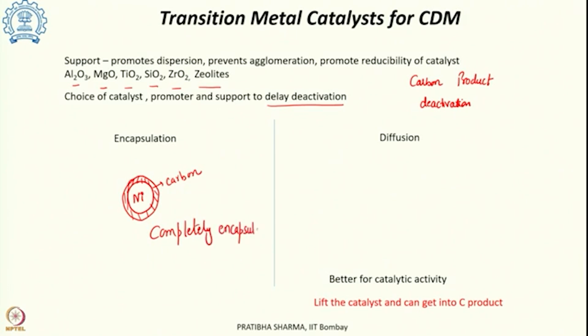It completely encapsulates the catalyst. This is what is not desirable. So, in that case the active sites of the catalyst are blocked. Active sites are blocked by the carbon formation, and that will not allow the reactants to chemisorb onto the surface.